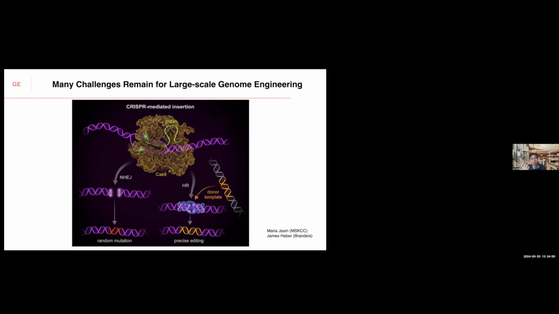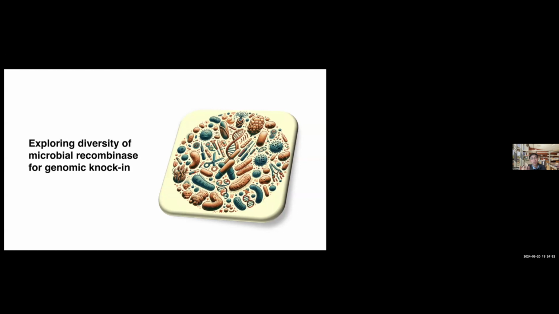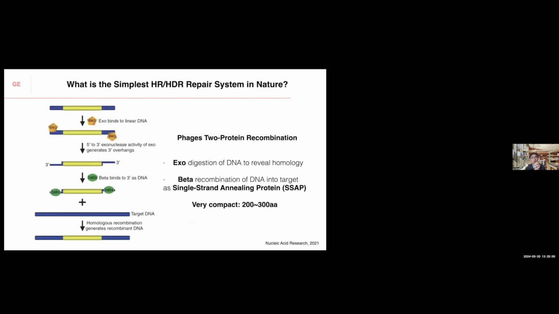We were interested in thinking about whether there are other approaches that exist in nature that allow this large genome integration. What we found is that there is a family of recombinases called single-strand annealing proteins, which mediate single-strand homology insertion in nature.